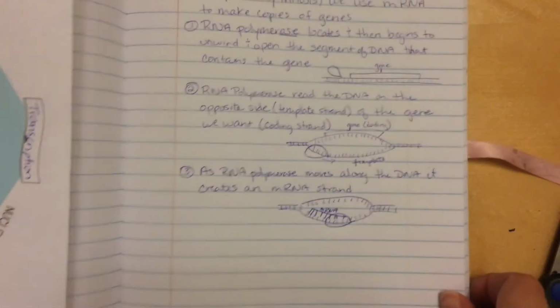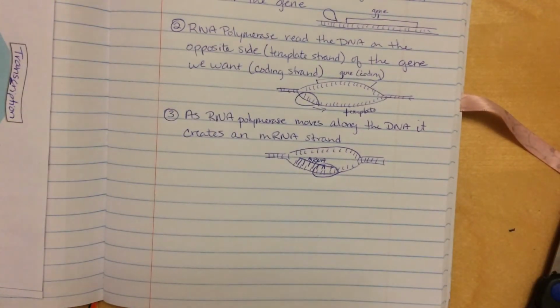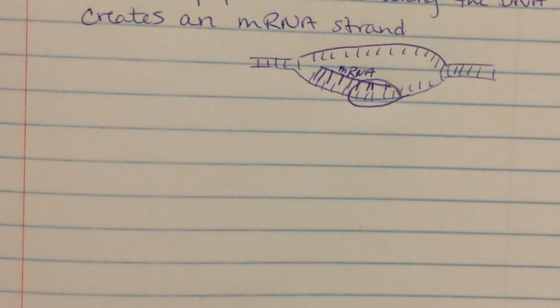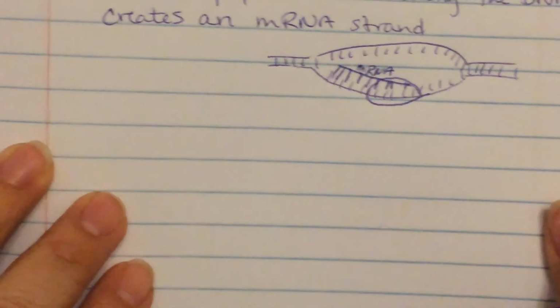Alright, so let's finish our notes. One little segment left on this one, and then we'll move on to translation in the next video. Okay, so we're going to go through and pair all the A's with T's, G's with C's.